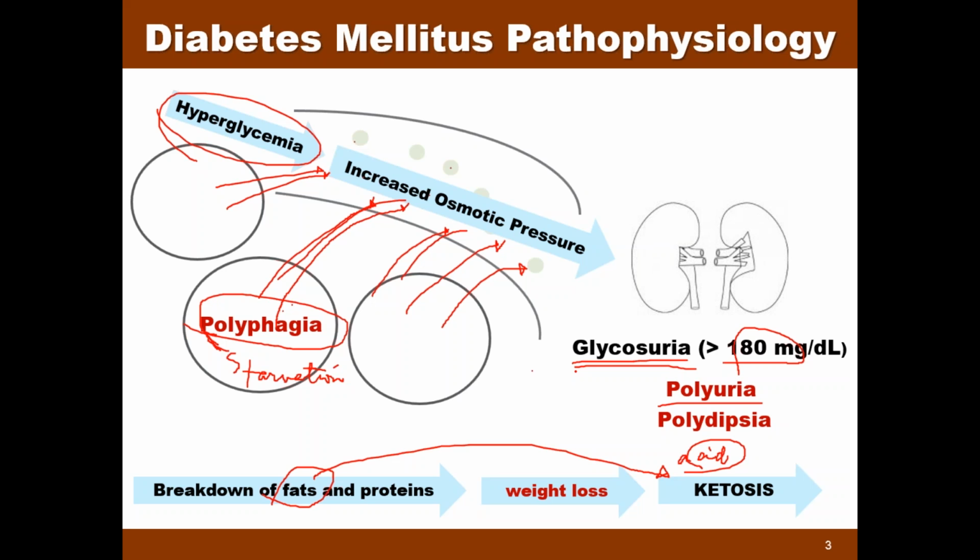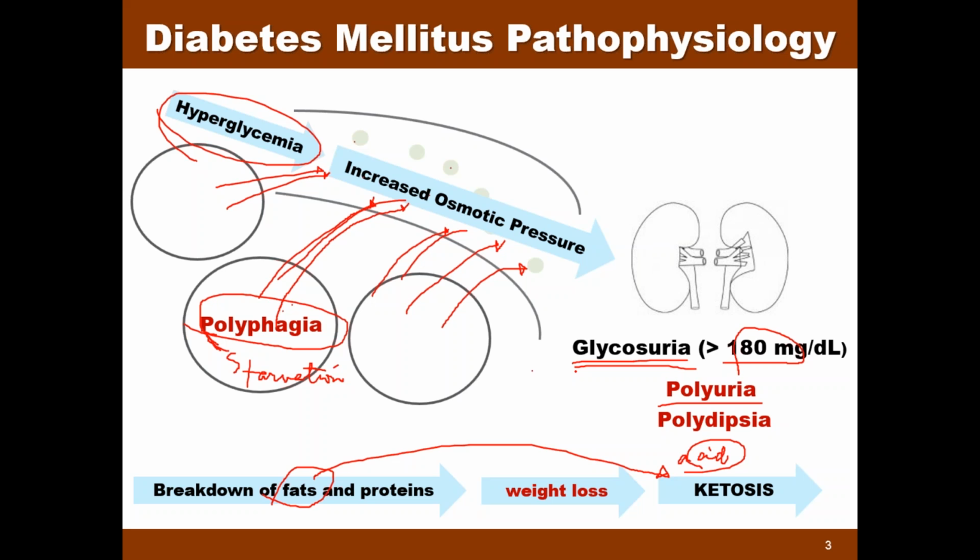I hope that I was able to explain to you this pathophysiology as clearly as possible. My NCLEX tips for everyone, especially for those taking the NCLEX examination, is for you to remember the 3 P's of diabetes. And it's not enough just to remember the 3 P's.